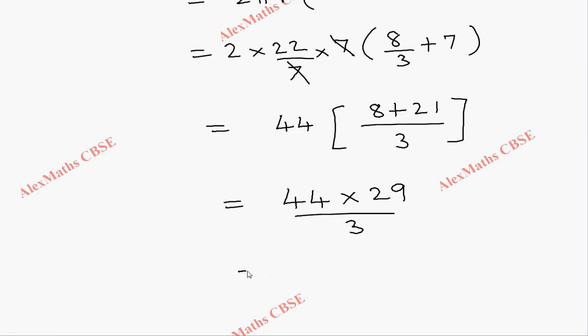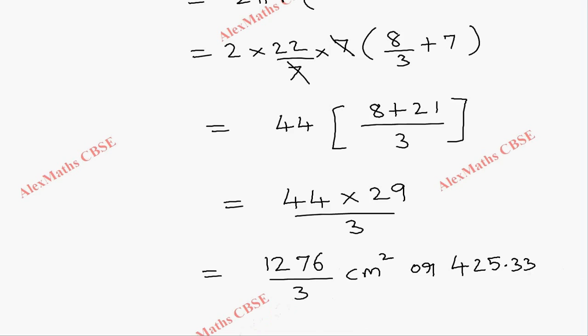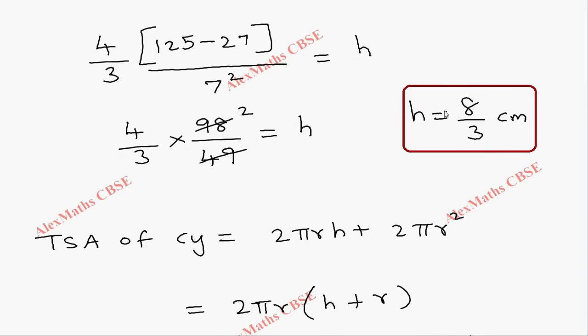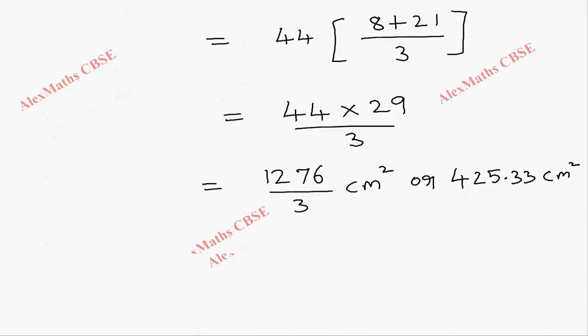When we multiply the numerator, we get 1276 divided by 3, and it is a surface area, so centimeter square, or after dividing this by 3, we get 425.333. So even here take the unit centimeter square. And when we give the final answer, the value of h is 8 by 3 we have taken.